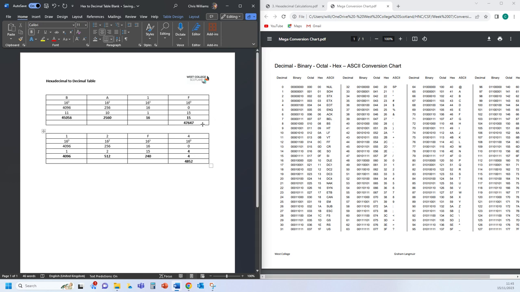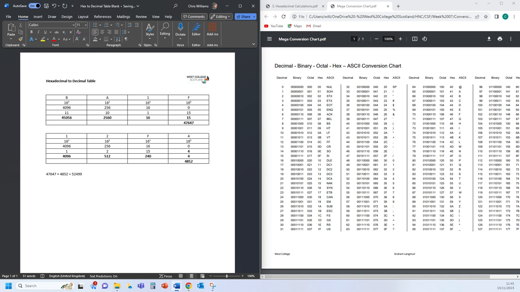What we then do is we add these two numbers together, so just bring it down here, so 47,647 plus the 4,852, and that gives us 52,499.